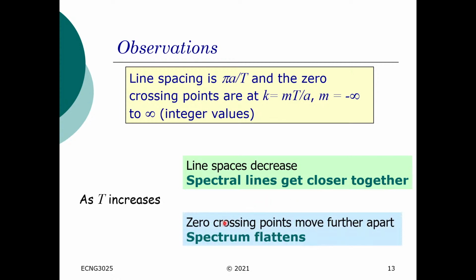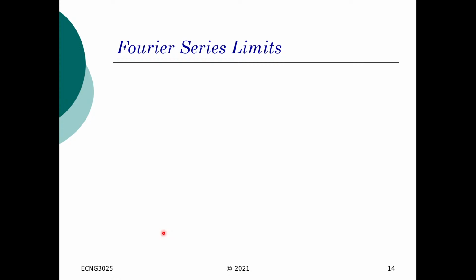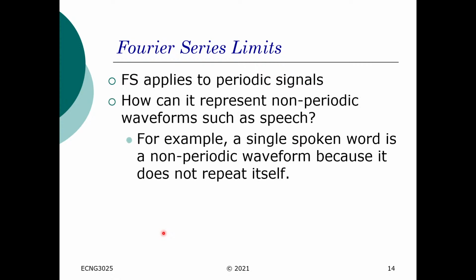And the zero crossings move further apart, such that the spectrum itself flattens. The Fourier series itself applies towards periodic signals, but the Fourier series can also be applied to non-periodic signals, such as speech.